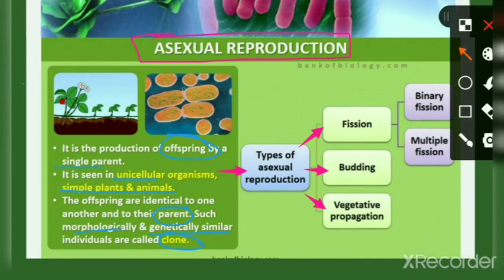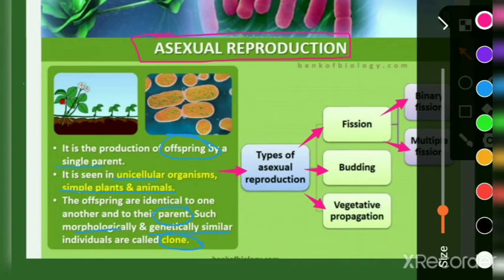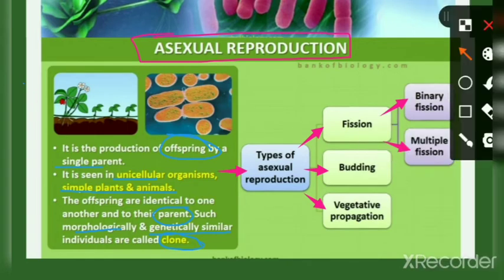Further, fission is divided into two groups: binary fission and multiple fission. This is the division of the types of asexual reproduction. So now we study asexual reproduction in organisms.